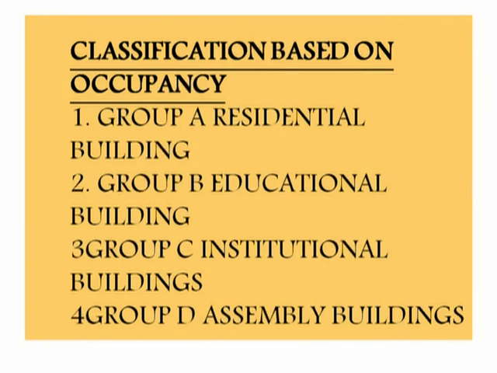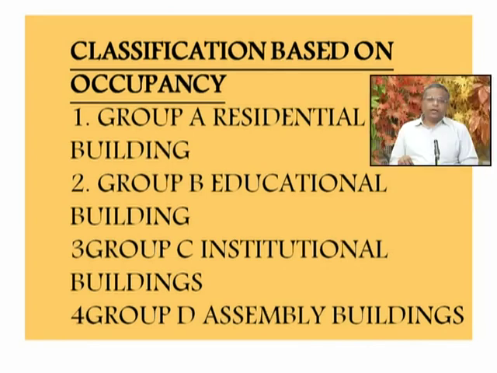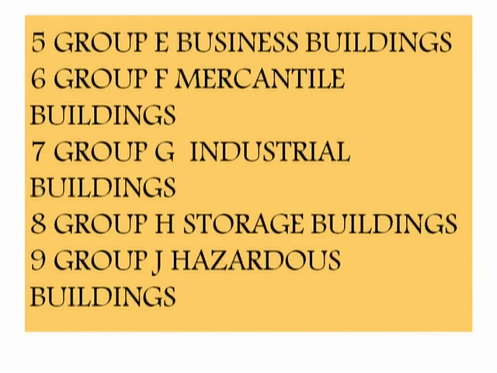Then comes the group B, that is the educational building. Then is the group C, that is the institutional buildings. Then is the group D, that is the assembly buildings. Then is the group E, that is the business buildings.